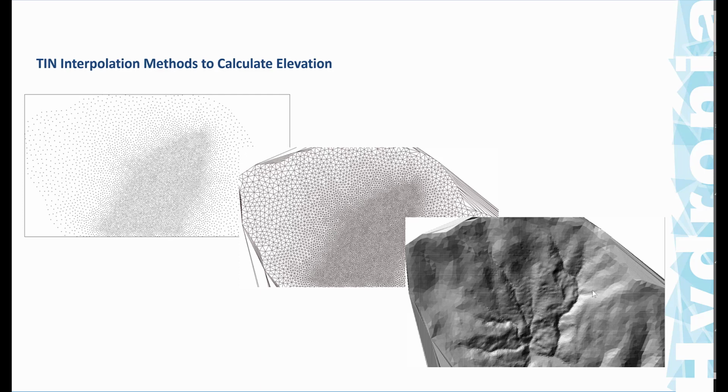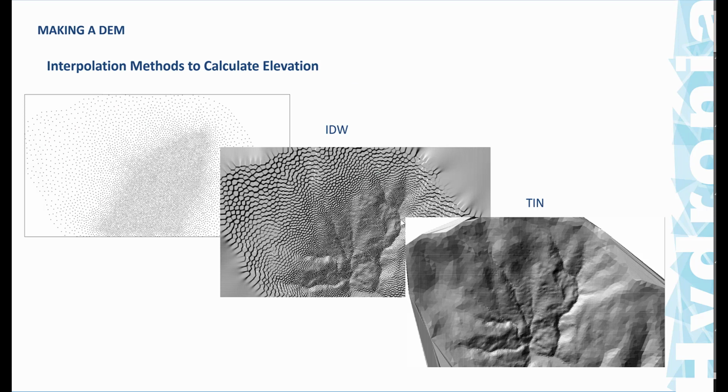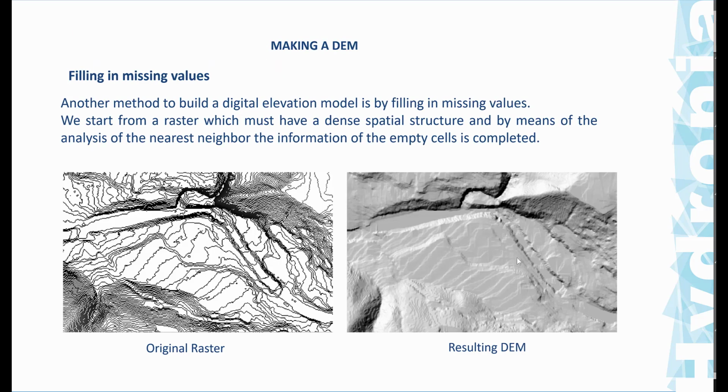It shows the drainage network in much better detail than the inverse distance weighting method. Just comparing side by side, you see here the inverse distance weighting and the TIN. The TIN is much more accurate in this case, and also in this other comparison of inverse distance weighting and the TIN, it is also much better suited.